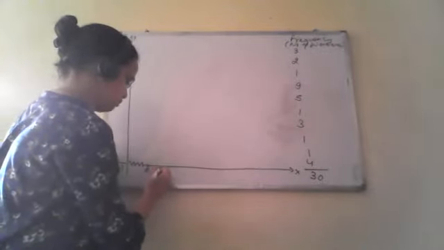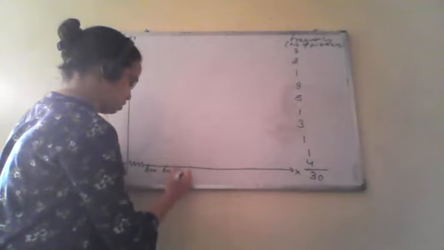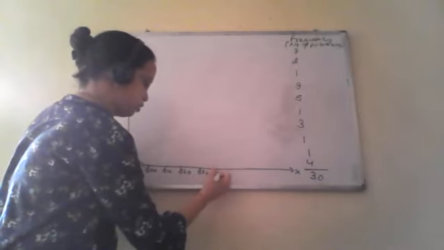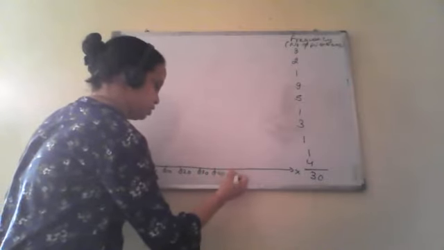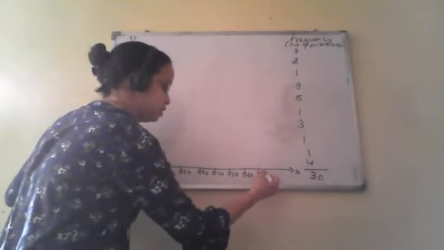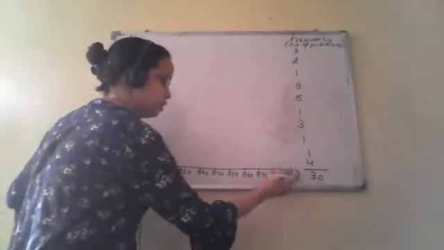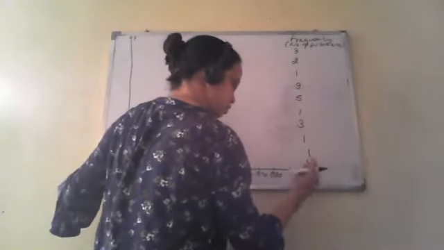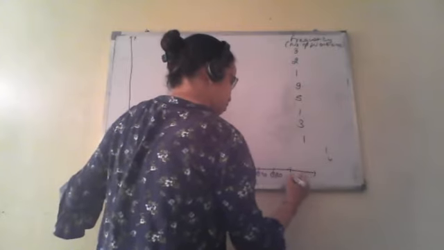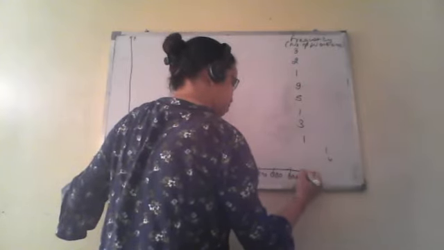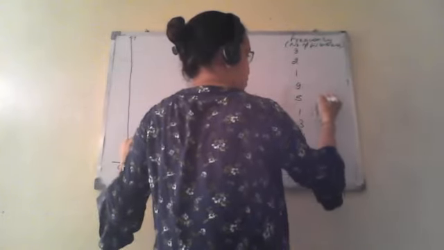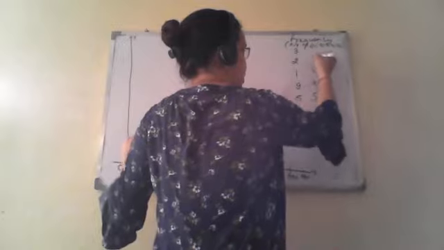This is 800, 810, 820, 830, 840, 850, 860, 870, 880, 890 and this is 900.